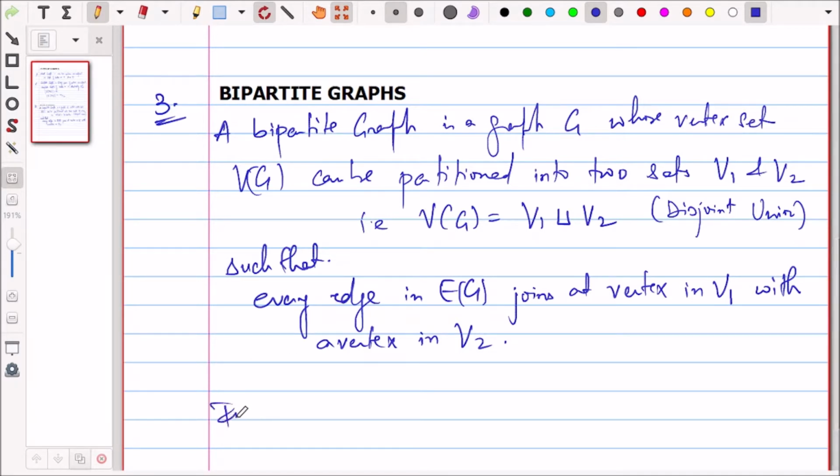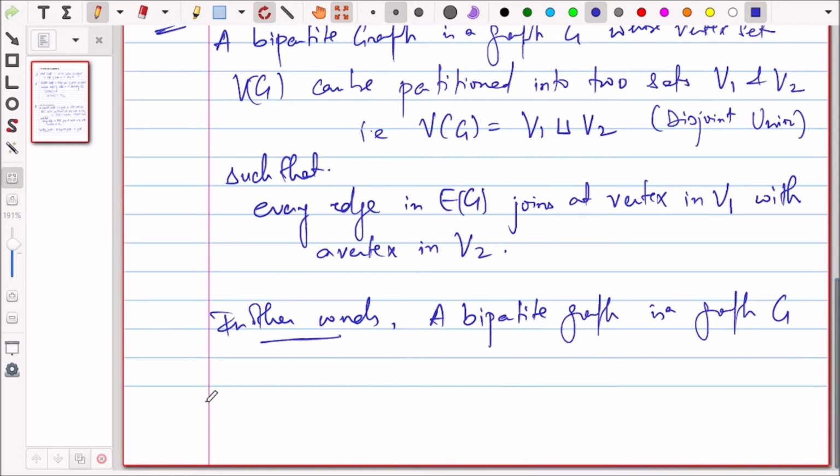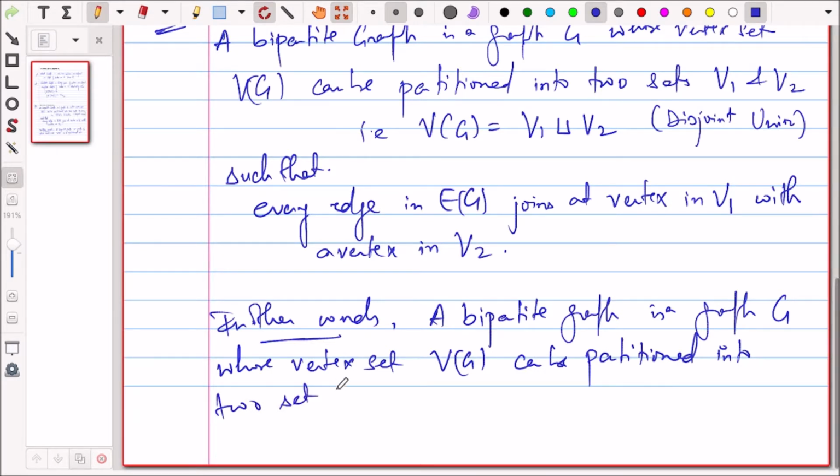So in other words, a bipartite graph is a graph G whose vertex set V(G) can be partitioned into two sets V1 and V2 such that the induced subgraph of V1 and induced subgraph of V2 are null graphs.